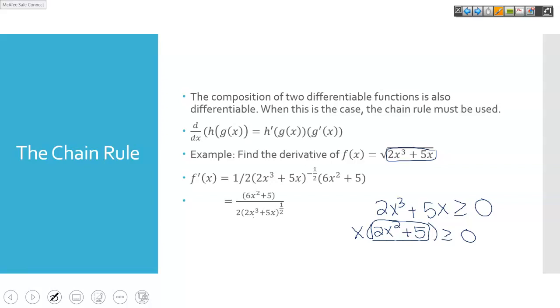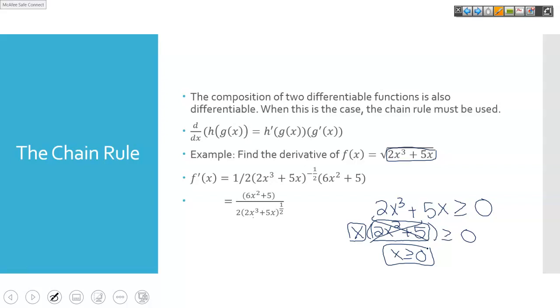So now your domain, if you have x out in front, if x is -1, it's -1 times anything positive, is that going to be greater than or equal to 0? No. So my domain, this part doesn't matter because it's always positive. My domain is coming from the idea that x must itself only be positive.